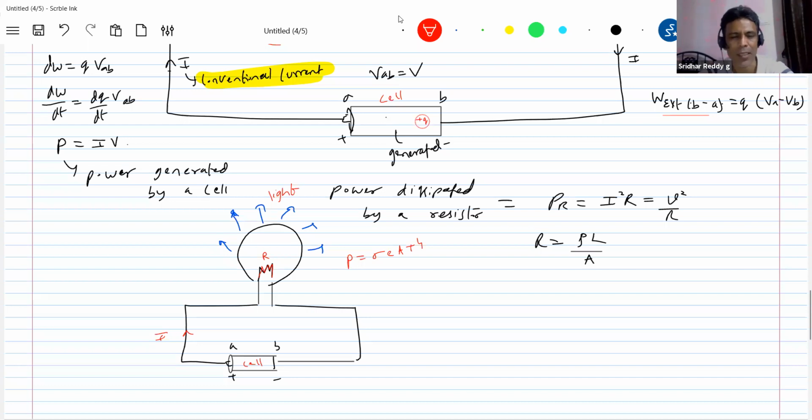Tell me what's happening here. Chemical energy is converted into electrical energy by the cell.